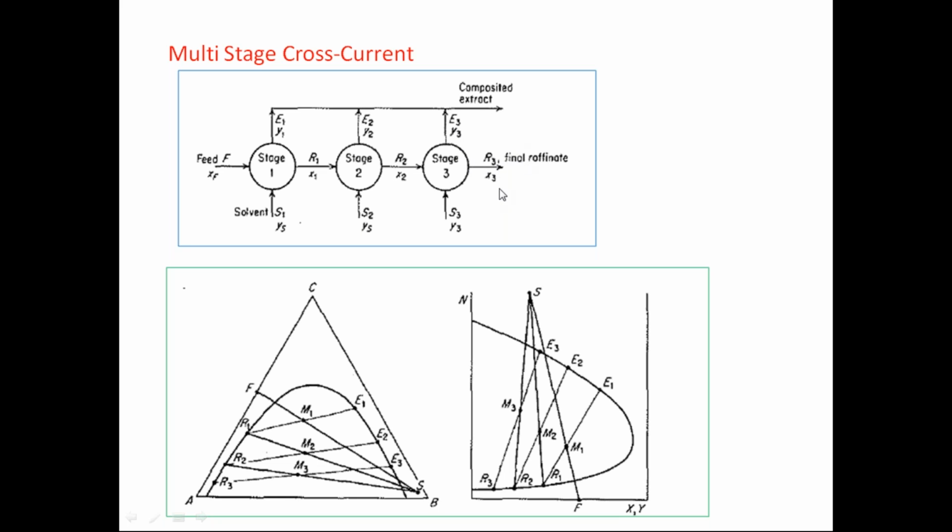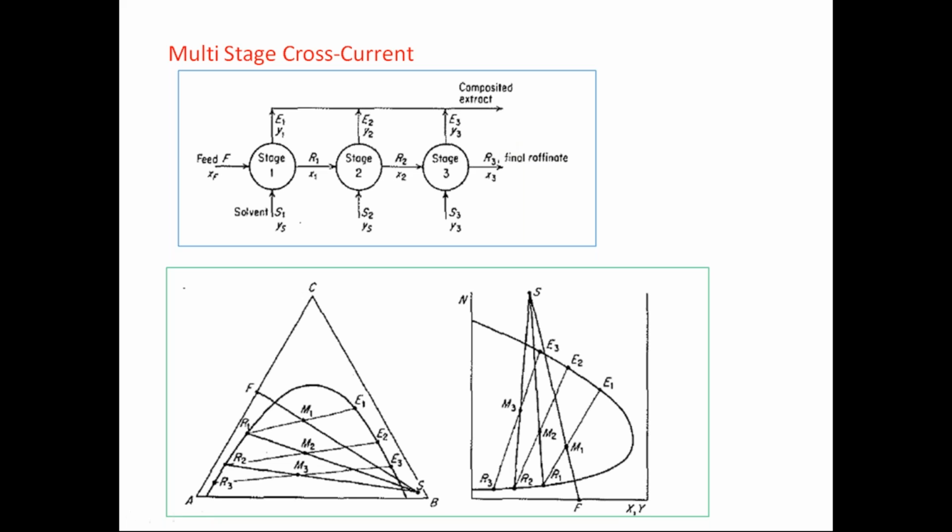So this R3 X3 is the treated solution, called the final raffinate, and E1, E2, E3 having Y1, Y2, Y3 will be collected and accumulated as a composited extract. It will have total quantity of E1 plus E2 plus E3, with the average concentration of Y1, Y2, Y3. In that way, the composited extract is separated, and the final raffinate will be obtained.